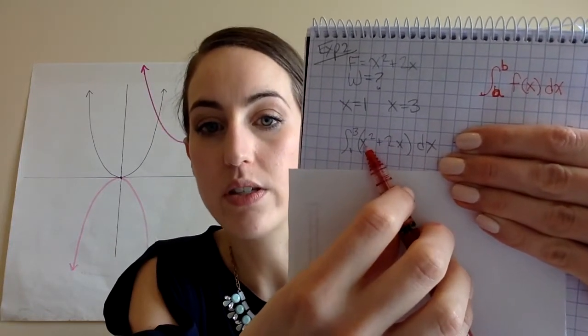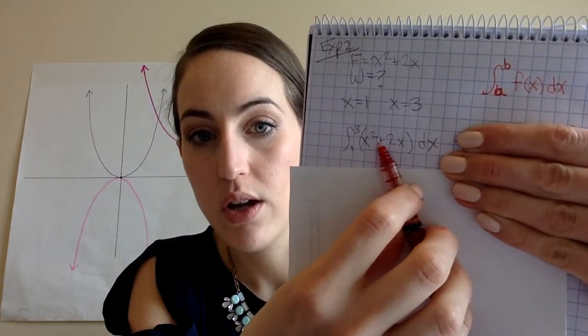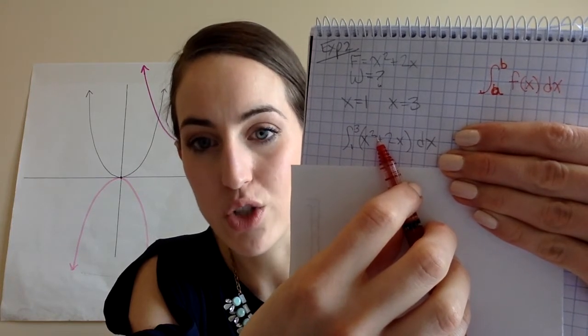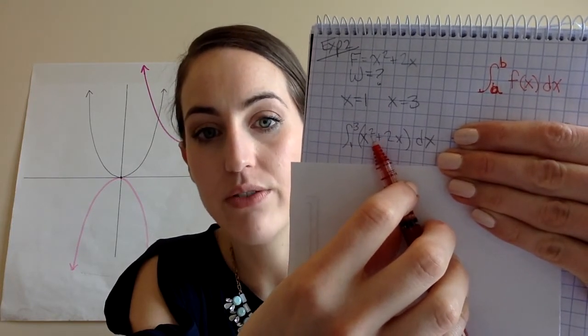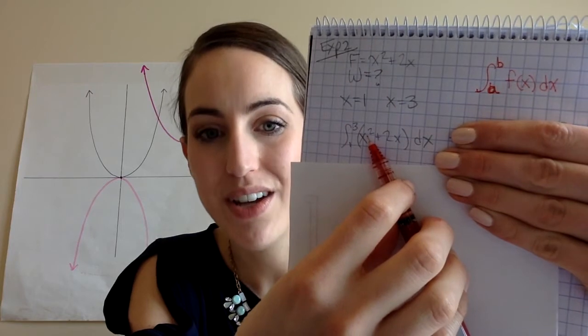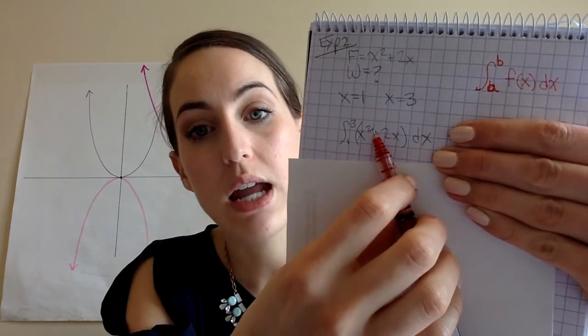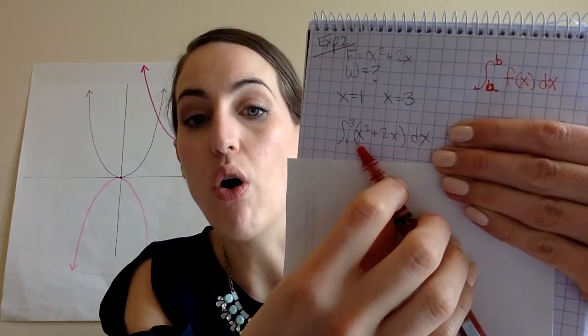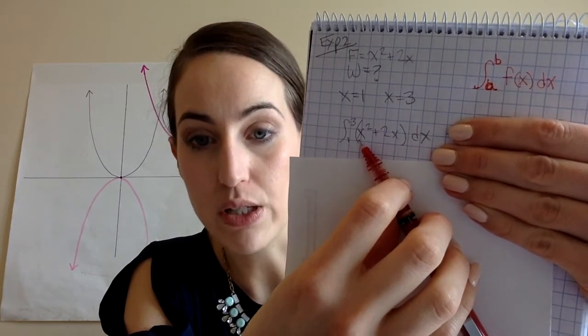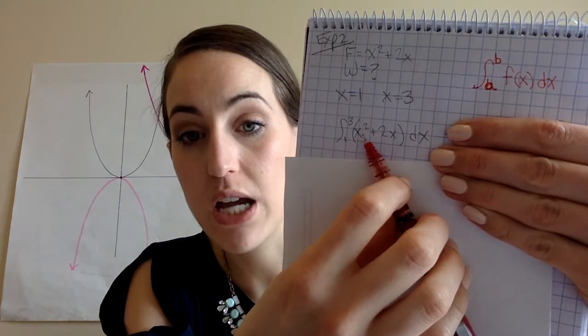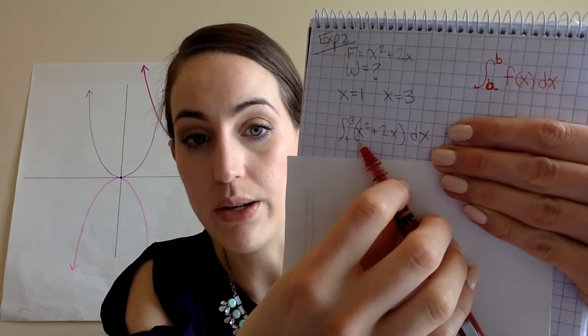So this is x, the exponent is 2, so n is 2. And the rules tell us to take n plus 1, so 2 plus 1, now my exponent is 3, and take it all over n plus 1. So x squared becomes x cubed all over 3.